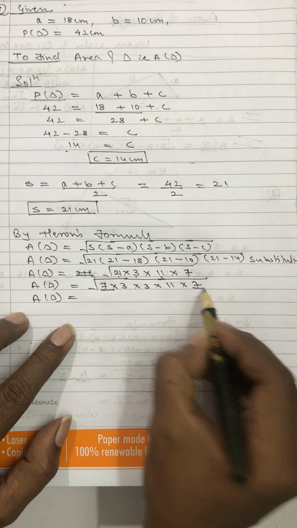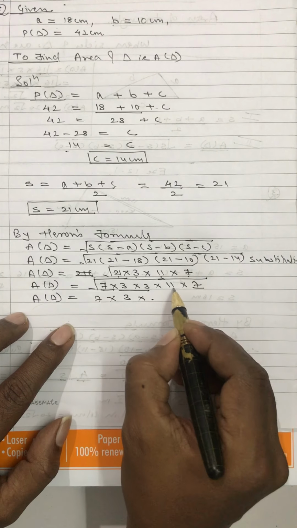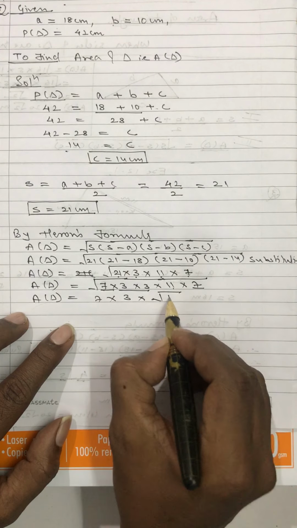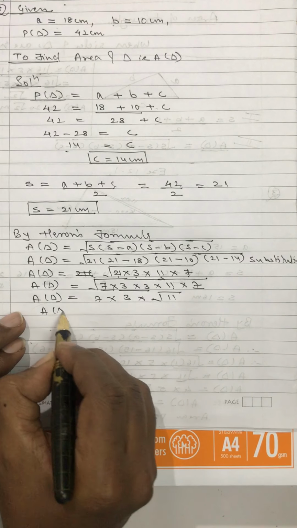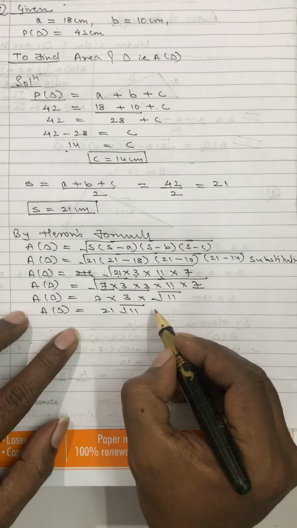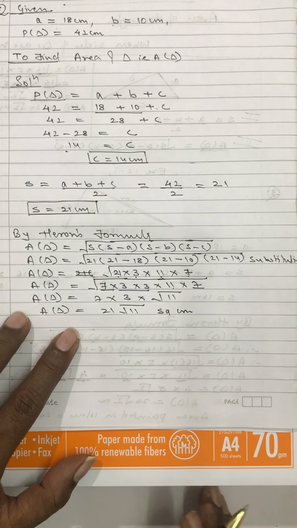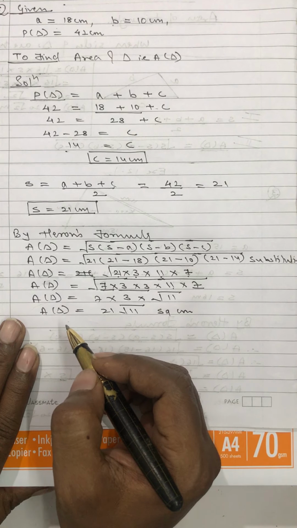Now this 7 will go out, this 3 will go out. Because 11 does not have any pair, it will stay inside. So what you get is the area of the triangle is equal to 7 times 3, that is 21 root 11 square centimeter. This is the area of the triangle.